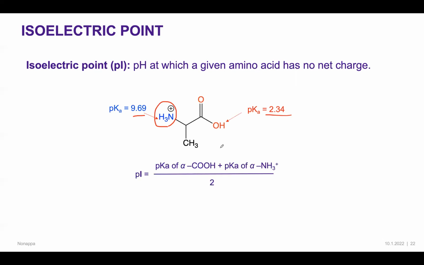Now, to calculate the isoelectric point, which is very simple, you take the sum of these two pKa values and divide it by 2, which gives an isoelectric point of valine of around 6.2. At this pH, valine has zero net charge.